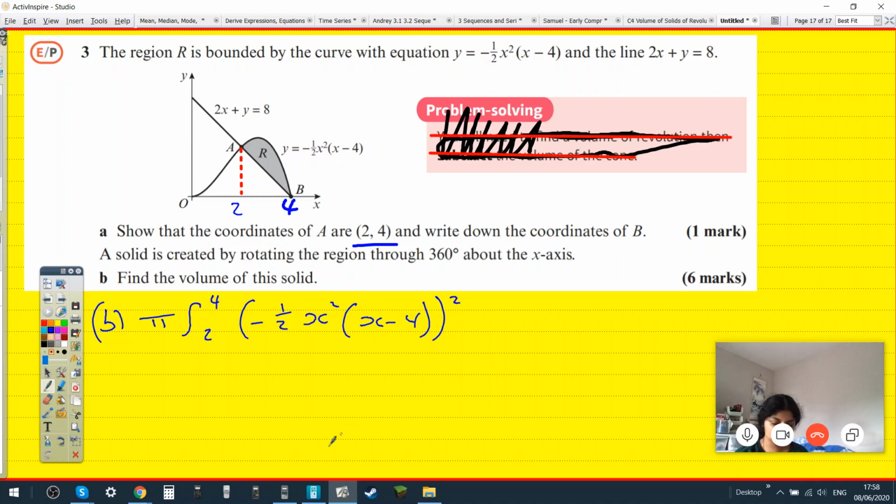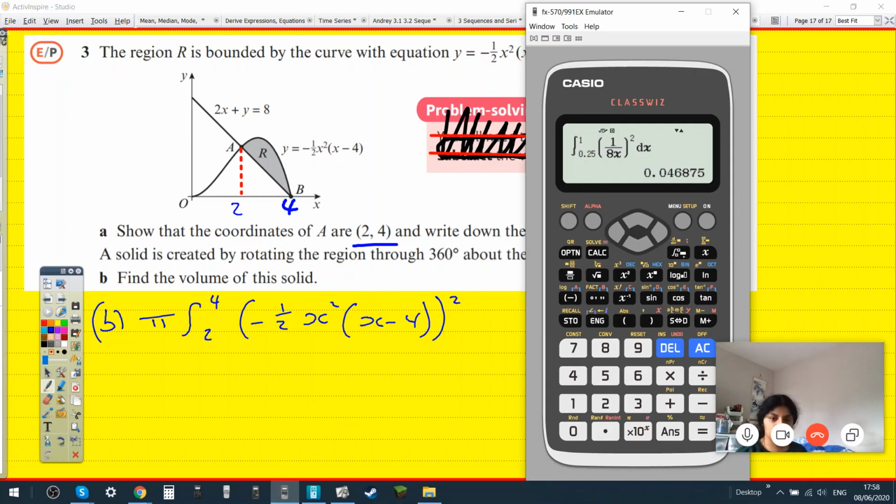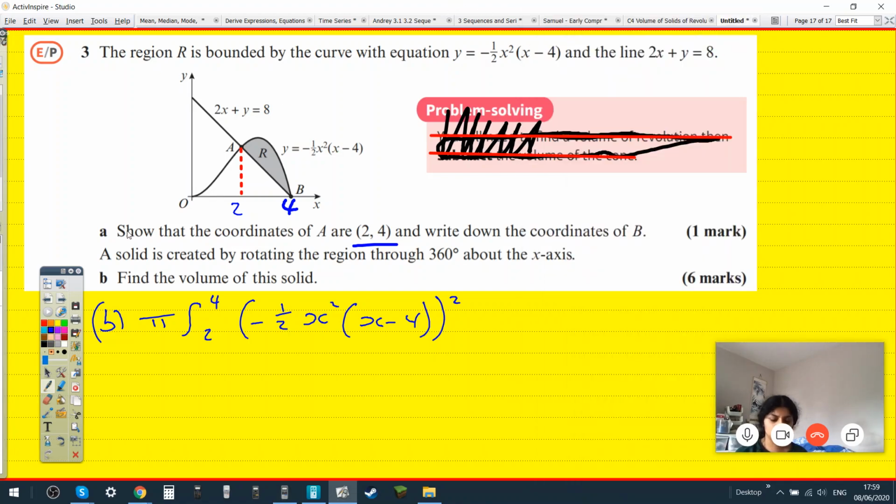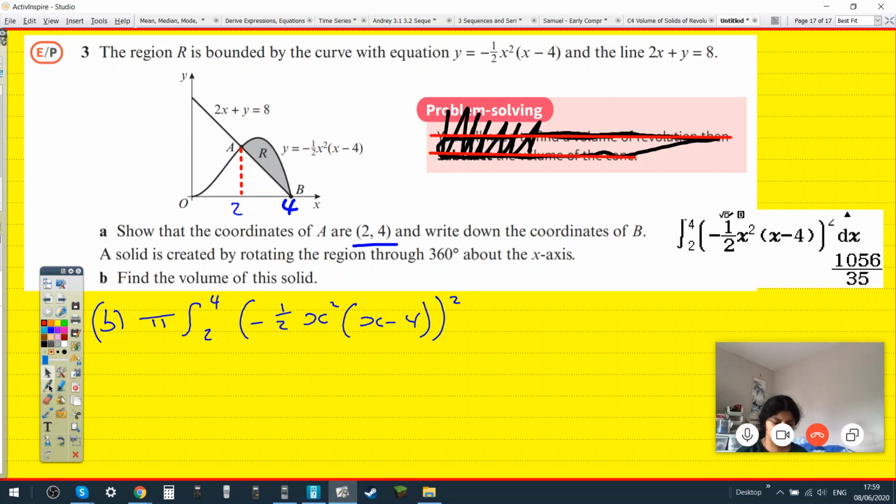I'm not even going to try. Then the second one, also 2 and 4, and 2x minus 8. Well done.